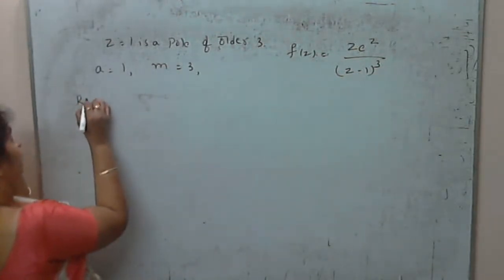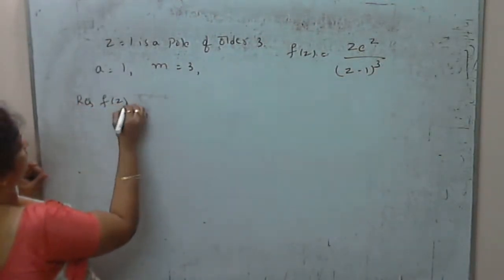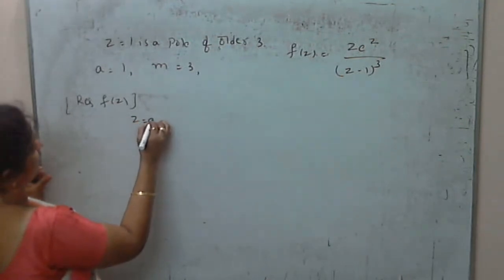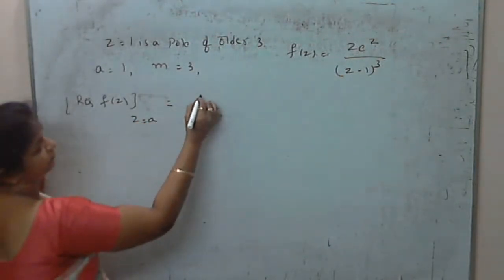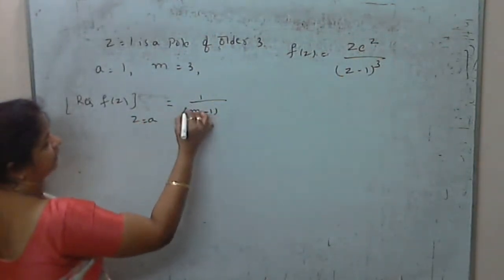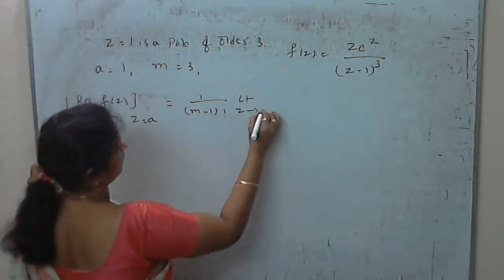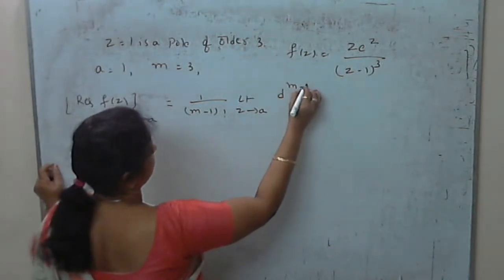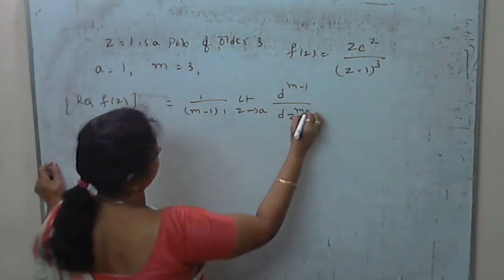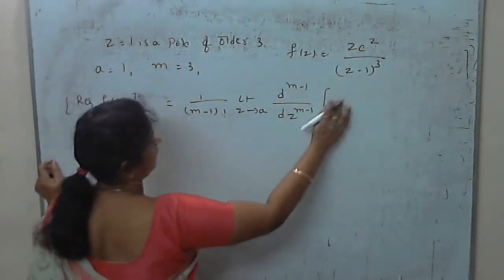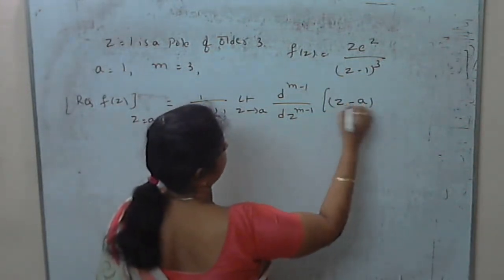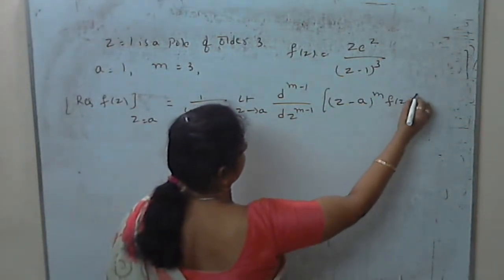So residue of f of z at z equal to a. What is the formula? 1 by (m minus 1) factorial, limit z tends to a, d power m minus 1 by dz power m minus 1 of (z minus a) whole power m into f of z.